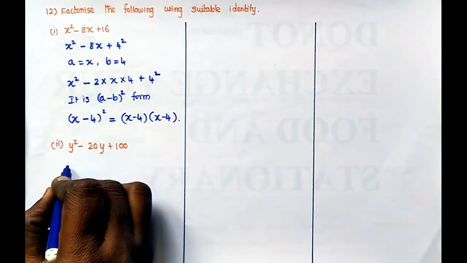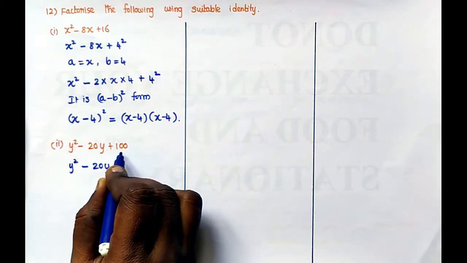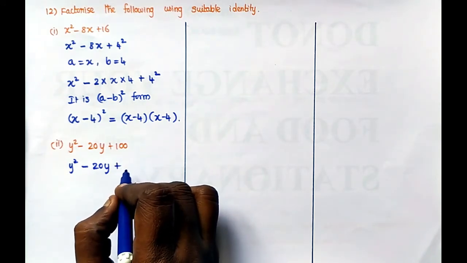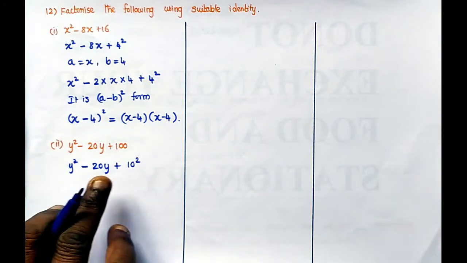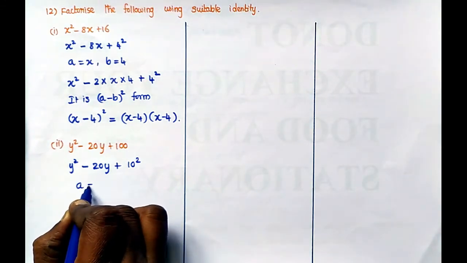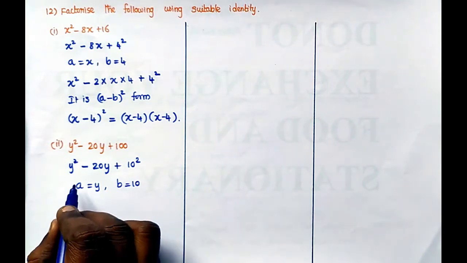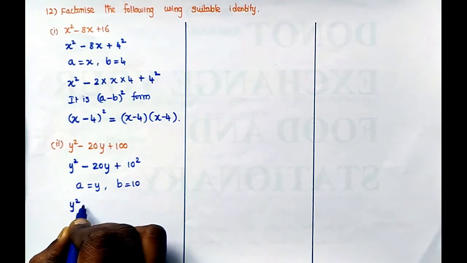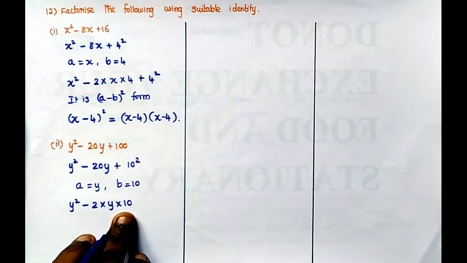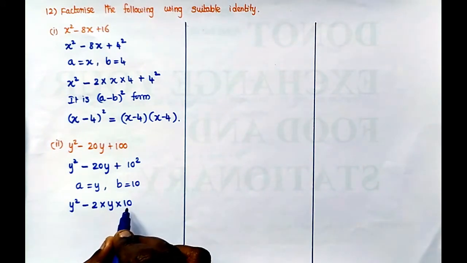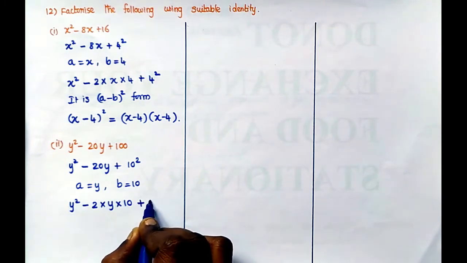This one here, first write down y squared minus 20y plus 100. How can you square that? That is 10 squared. Here a equal to y and b equal to 10, right? So how can you write that? y squared minus 2 into y into 10, 2ab, 2 into 10, 20y, plus 10 squared.